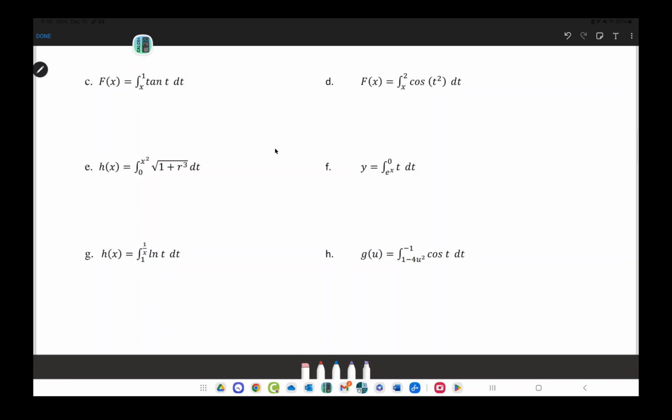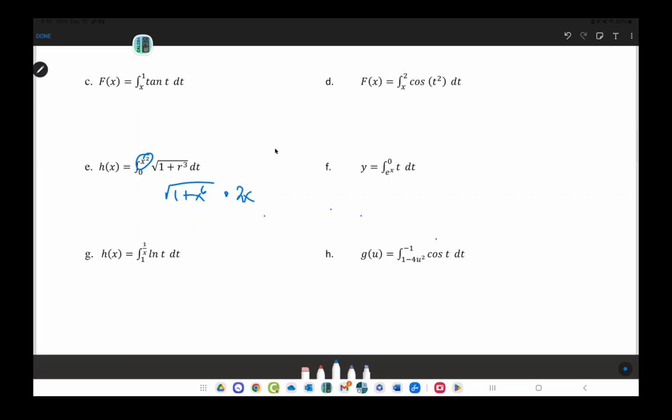Basically, do the derivative of the bound. So for e here, we replace r with x, so 1 plus x to the 6th, times 2x, the derivative of the bound.